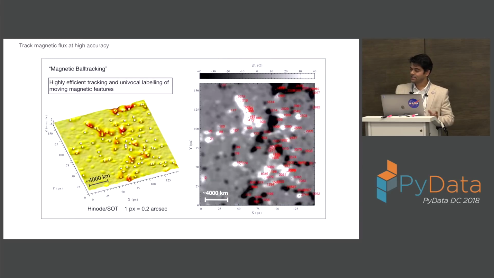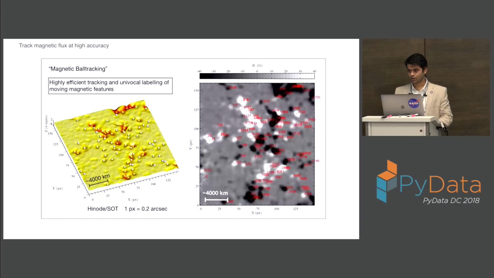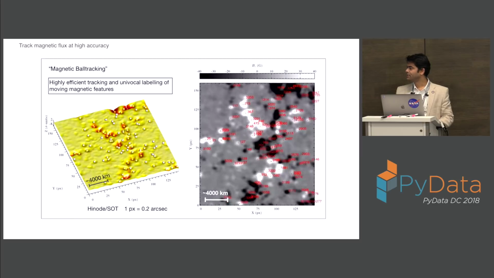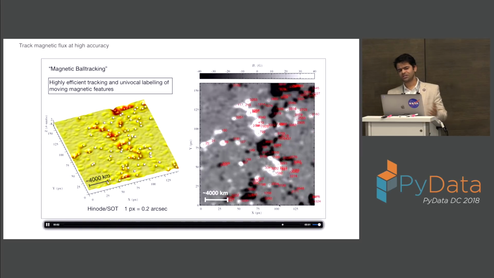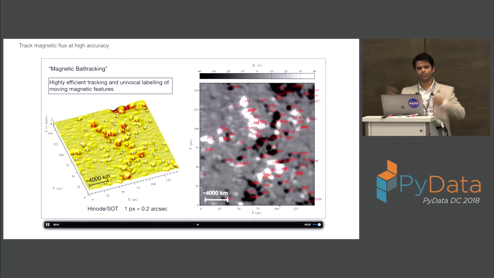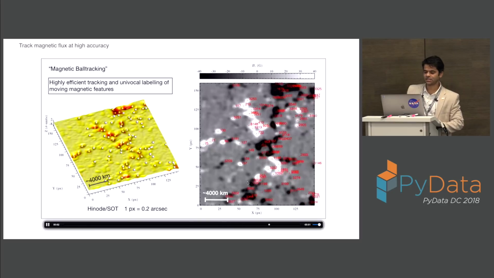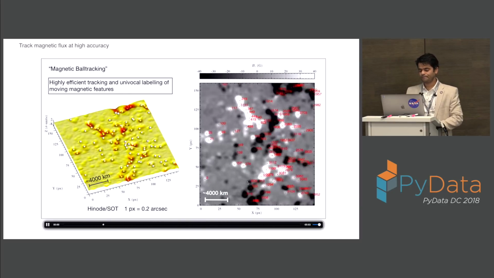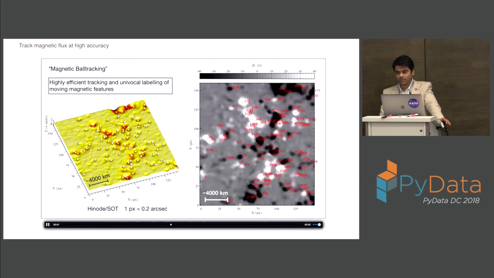So with a slightly different code, you can still track that in a non-homogeneous grid. You track the magnetic elements wherever you have one. With granules, it was easy because you had granules everywhere, so you can put balls anywhere and they would track. But here it's not the case. Nonetheless, thanks to the ball tracking paradigm, you can track efficiently and also have the univocal labeling of the moving magnetic features.